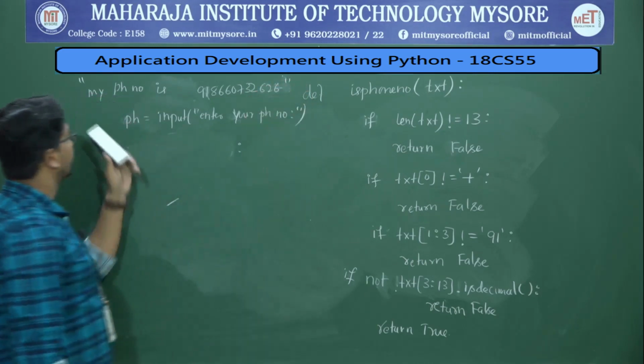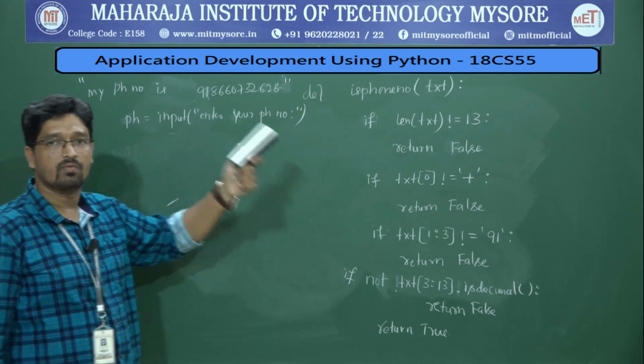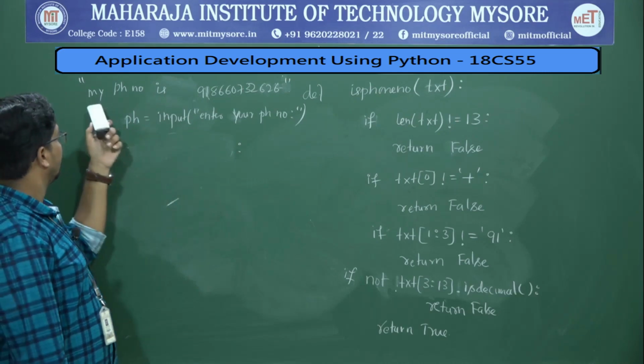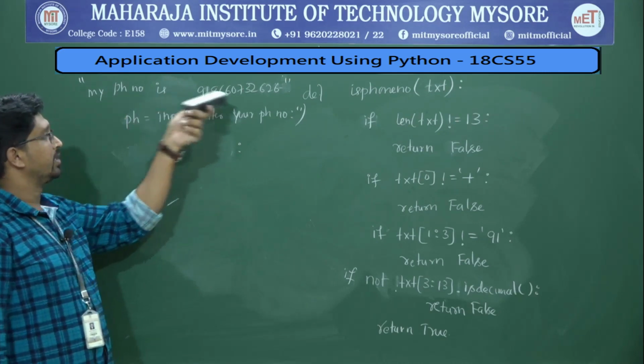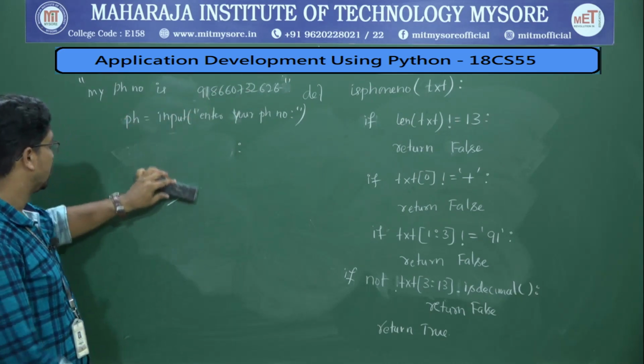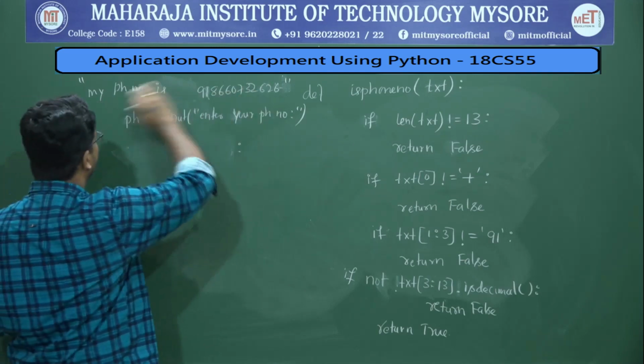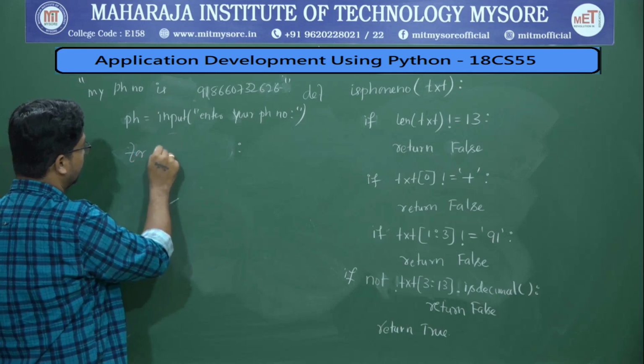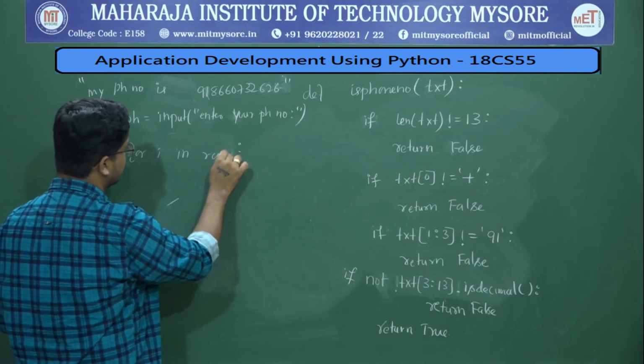In this way you can consider a very large text, with a phone number in the middle. If my phone number is so and so, what you should do is access this text from starting to ending. For that I will write a for loop, for i in range.